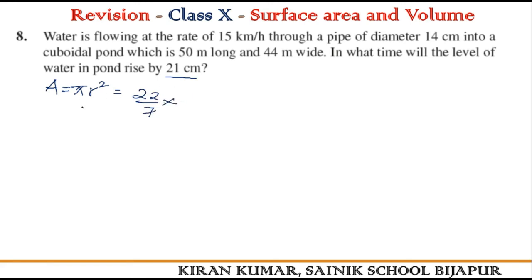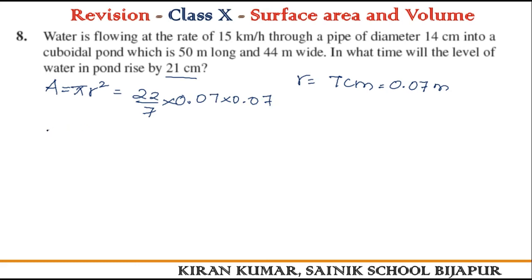They have given the diameter, so the radius is 7 centimeter. In meter, radius will become 0.07 meter. I have to divide this by 100, so 0.07 into 0.07, this will be the area of cross section.